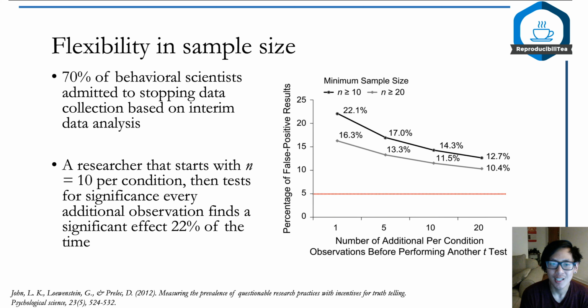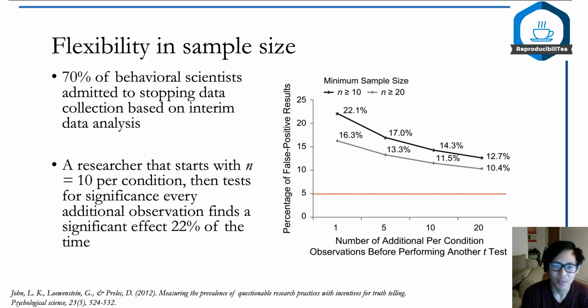So if you had 10 observations per cell and you run a t-test after every single additional observation, you find a significant effect 22% of the time when there actually is not an effect. So that's problematic. We don't want that. It's lower if we conduct the t-tests at larger intervals.